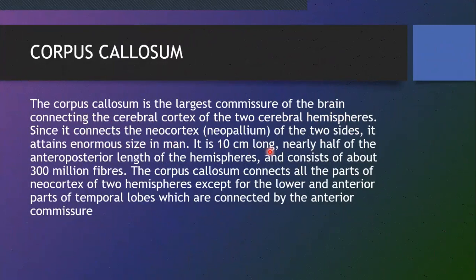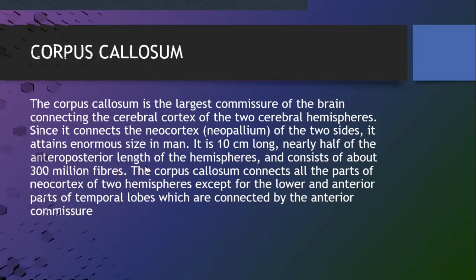It is usually 10 centimeters long, nearly half of the anteroposterior length of the cerebral hemispheres. It consists of about 300 million fibers. You can see how enormous it is. The corpus callosum connects all parts of the neocortex of the two hemispheres, except for the lower and anterior parts of the temporal lobes, which are usually connected by the anterior commissure.